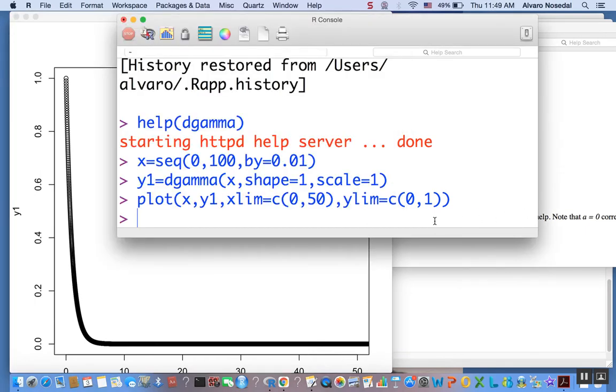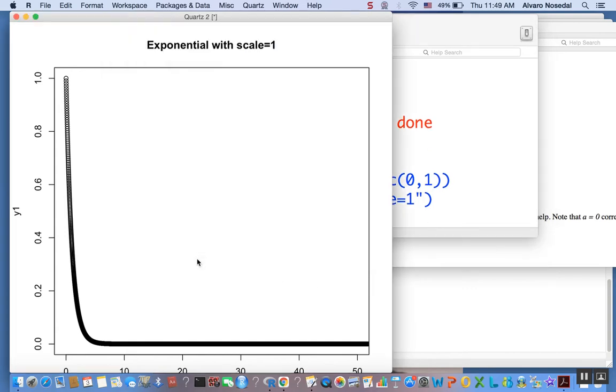We could title that one exponential with scale 1.